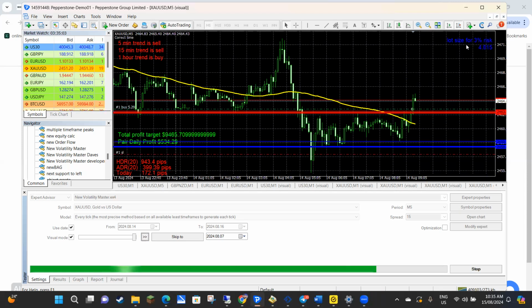Now you'll see, I've sort of covered this before, but I have my risk setting set at 3%, and it's telling me that if my stop loss is placed the max stop loss distance away, then that is the lot size that you would use in order to assume that 3% risk. Now over here, you'll see my lot size is 5.29, so it's a little larger than that.